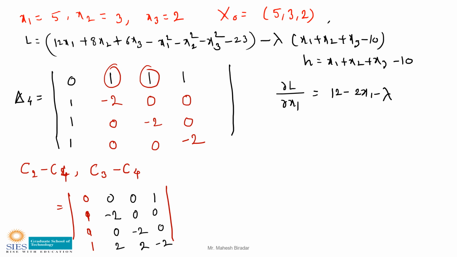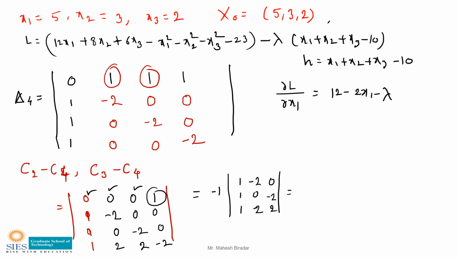Now, if I expand this along the first row, the first three entries are 0, 0, 0. So plus 0, then minus, plus, minus. If you simplify here, minus 1 into the 3 by 3 minor of this 1. The minor has first column 1 1 1, then minus 2 0 and 2, and this will be 0 minus 2 and 2.